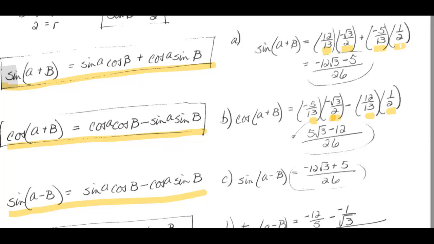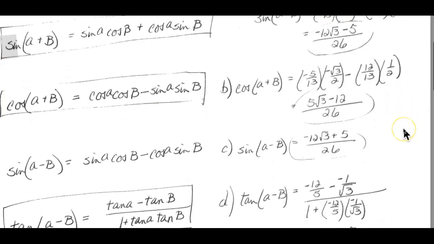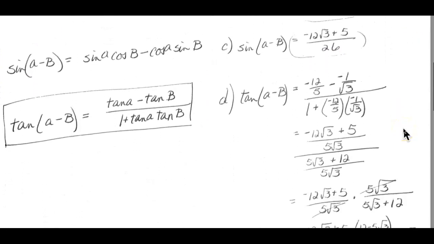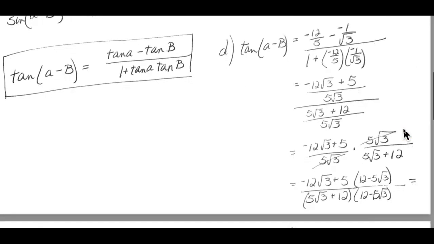So we have exactly the same numbers, negative square root of 3 minus 5, a negative square root of 3 and 5, and then 26, except the sign here is the opposite of what it was in the original one. So this is our answer for the sine of alpha minus beta. Okay, and then the last part is the tangent, which is a little more involved.